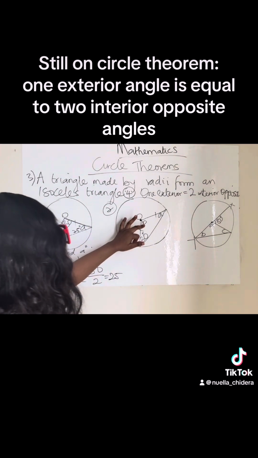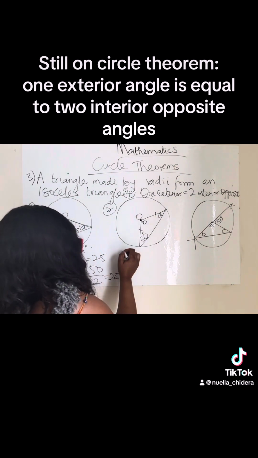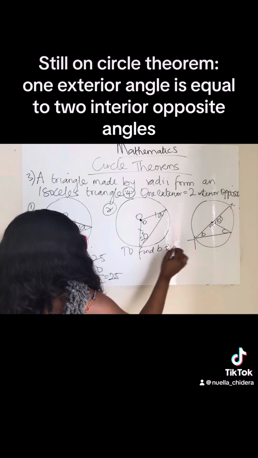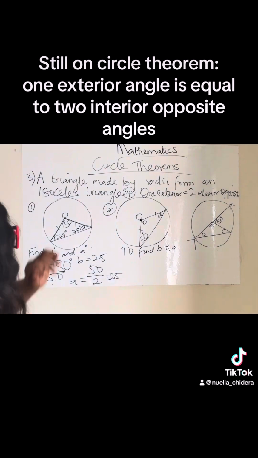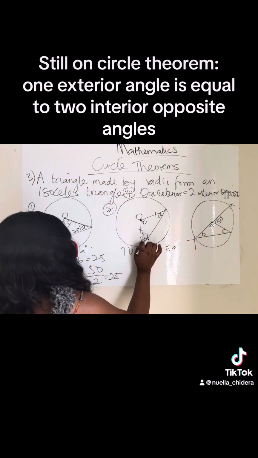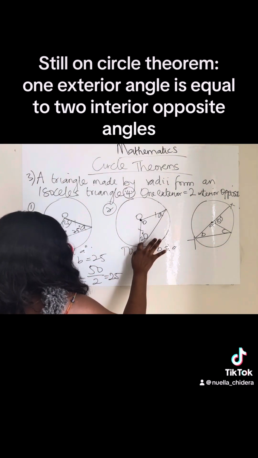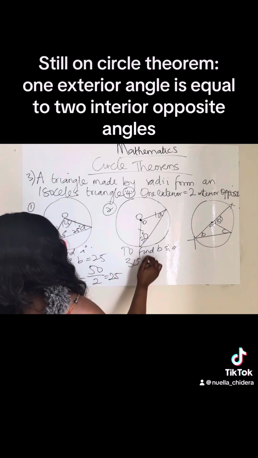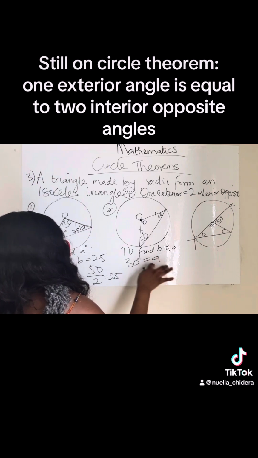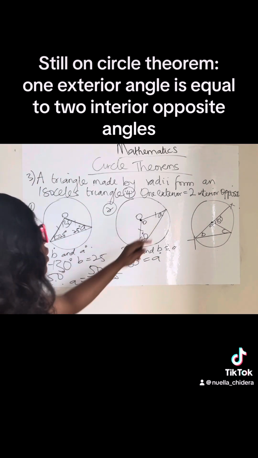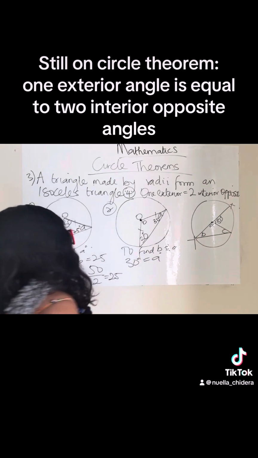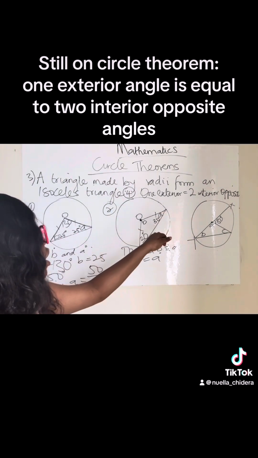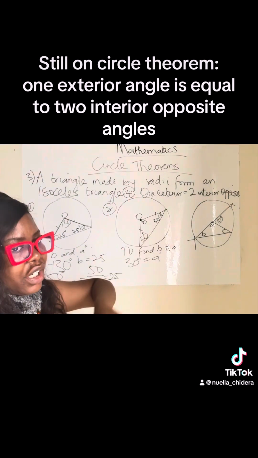So we have to find B and A. Remember we already have one of the base angles to be 30 degrees. So if one of the base angles is 30 degrees, that means A will also be 30 degrees, because base angles of an isosceles triangle are equal.